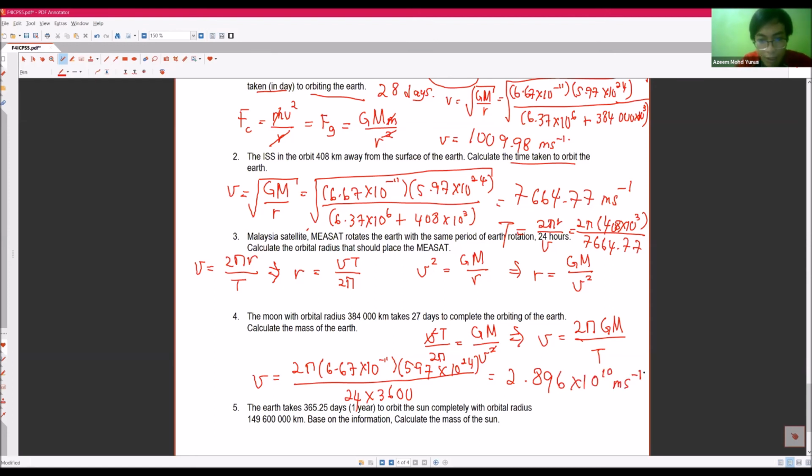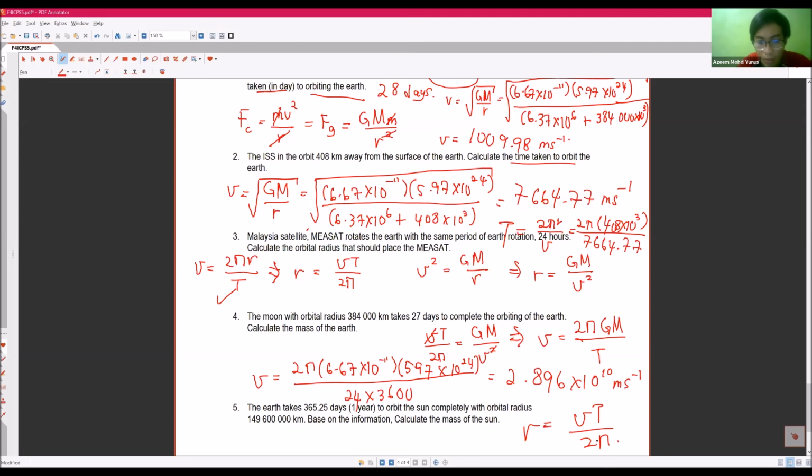Okay, so let's check again so that we don't make mistakes. Yeah. So then we can use the formula here to find R. R is actually Vt over 2 pi.